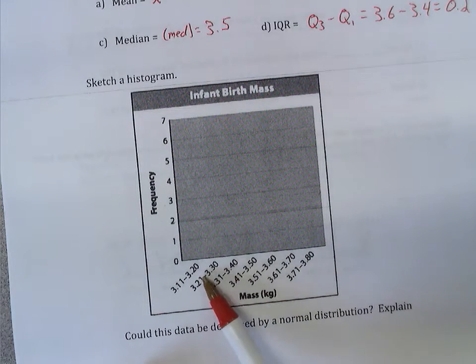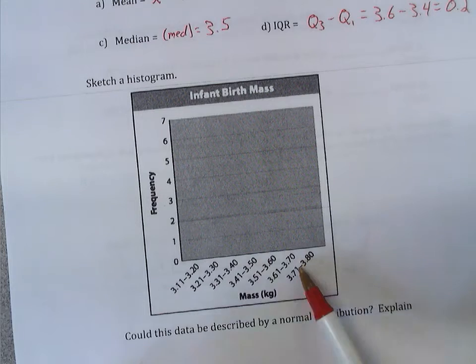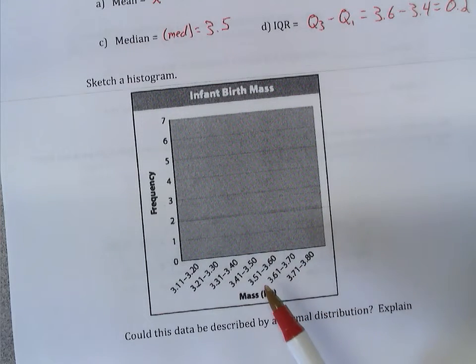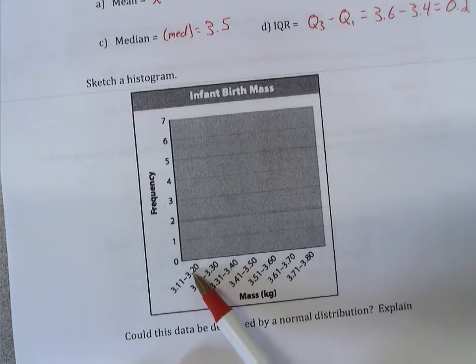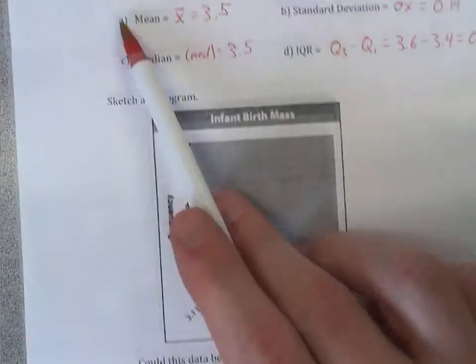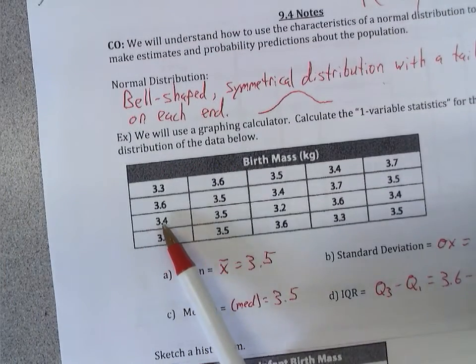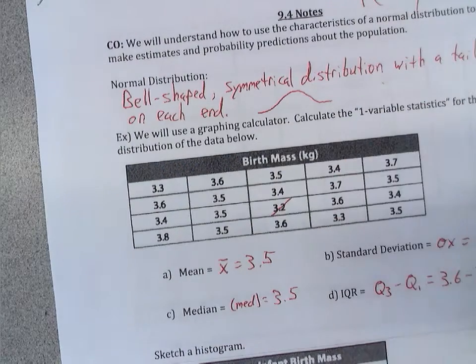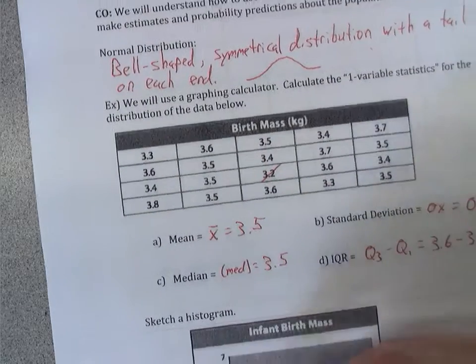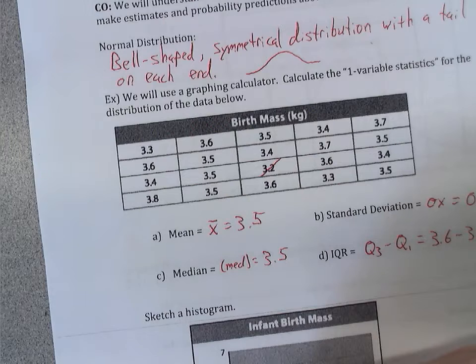So we're going to have 1, 2, 3, 4, 5, 6, 7 different bars, and we want to look at those. How many numbers are in the 3.1 to 3.2 range? As I go back and look over my data, there's only one number, 3.2. So I'm going to make that bar go up to 1.